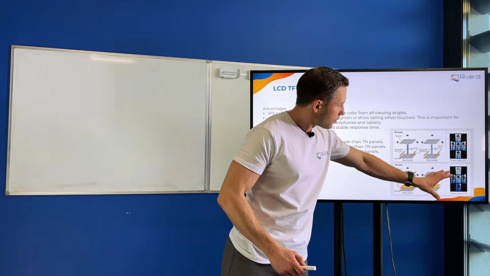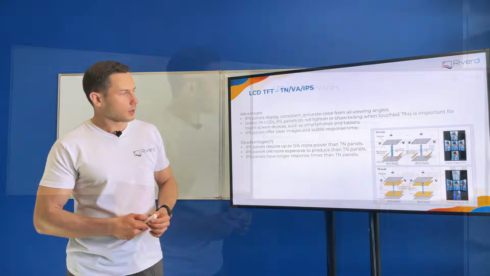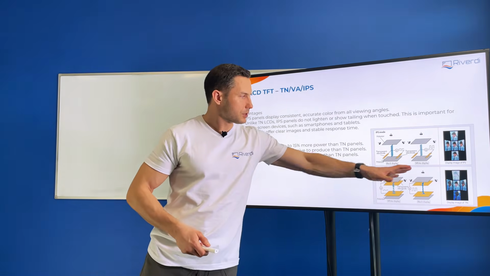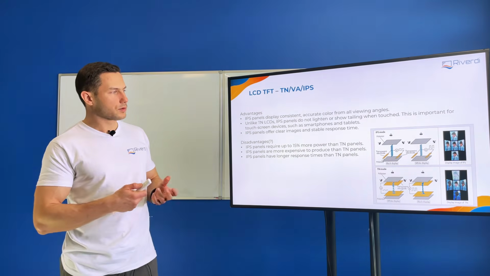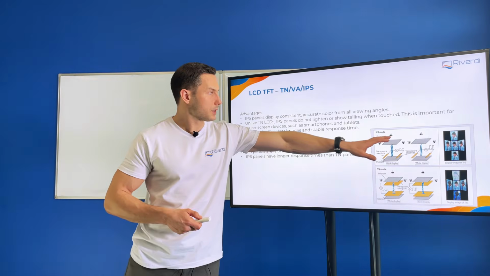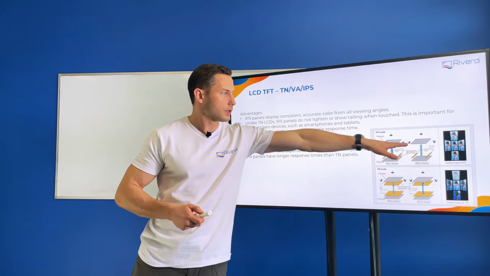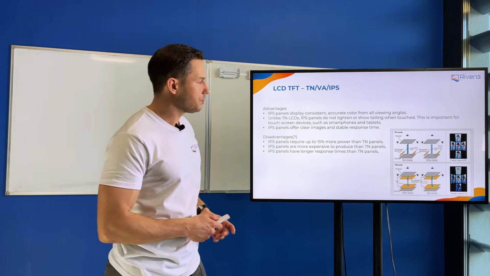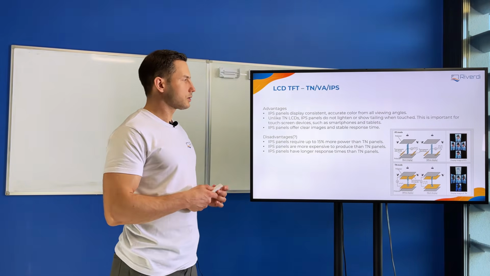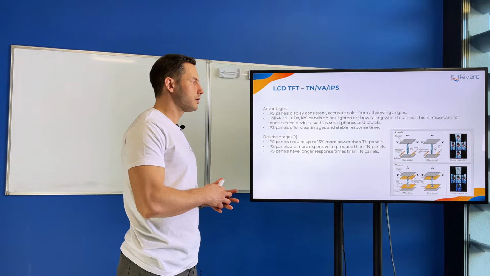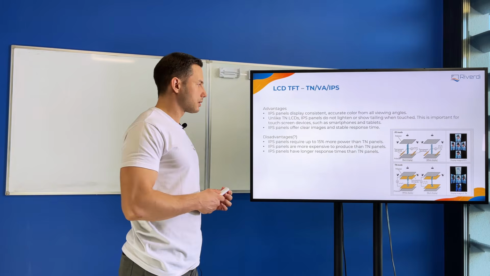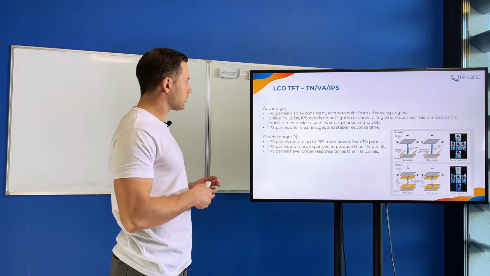So when you are moving as a viewer of different angles, the image is not very clear anymore, yes, in basic words. But for IPS or VA technology, the effect will be the same from all the sides. We see image very well, yes. So these are technologies that are popular where we need wide viewing angles, and TN is popular where we don't need, as I mentioned already, for example in monitors.